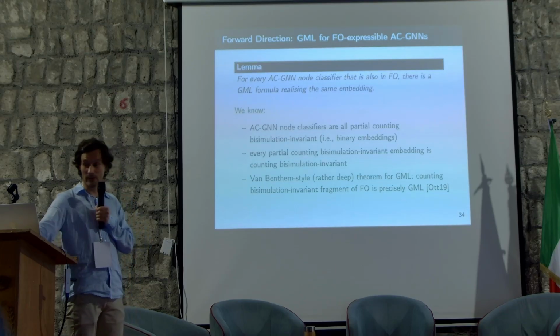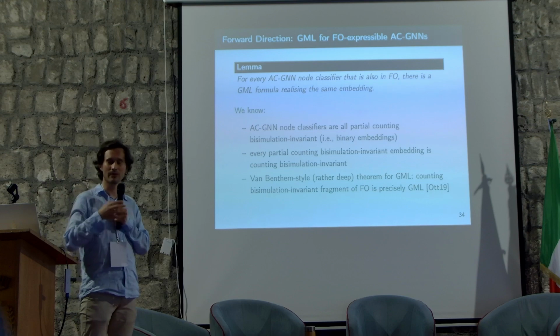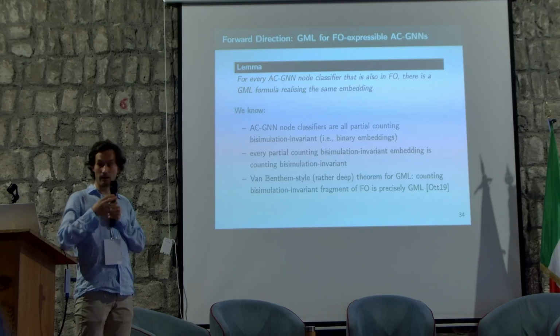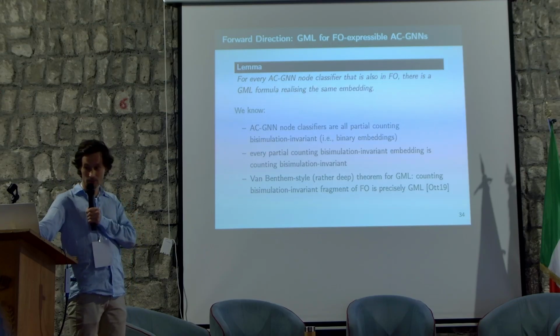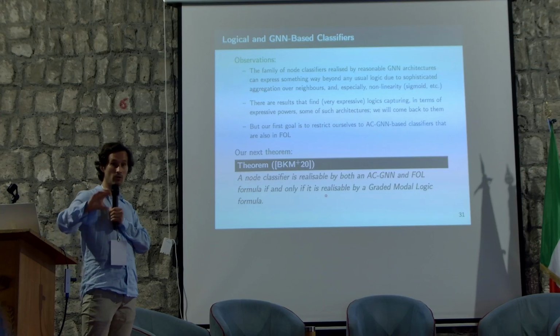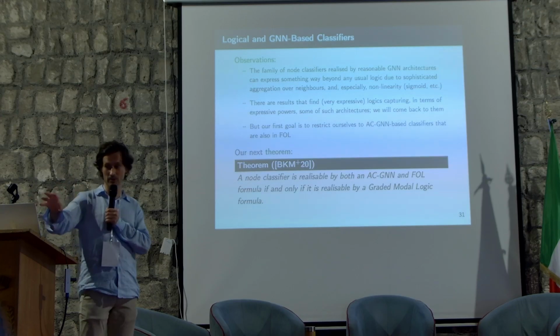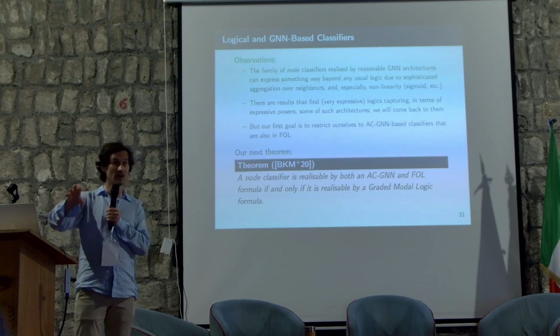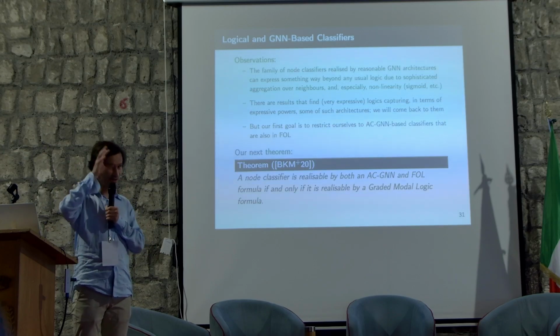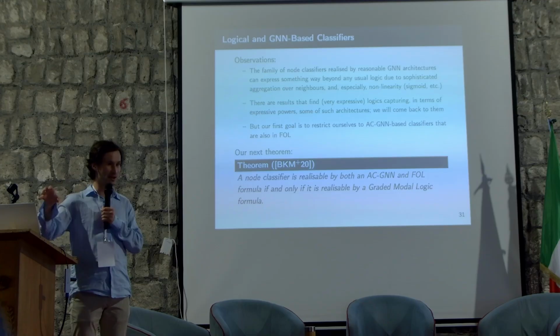By the way, I will say some concluding stuff, but just an interesting fact: it's not very difficult to write this theorem for graph level. Here I always concentrated on node level classifiers, functions like AC GNNs, which say yes or no for each node in each graph.